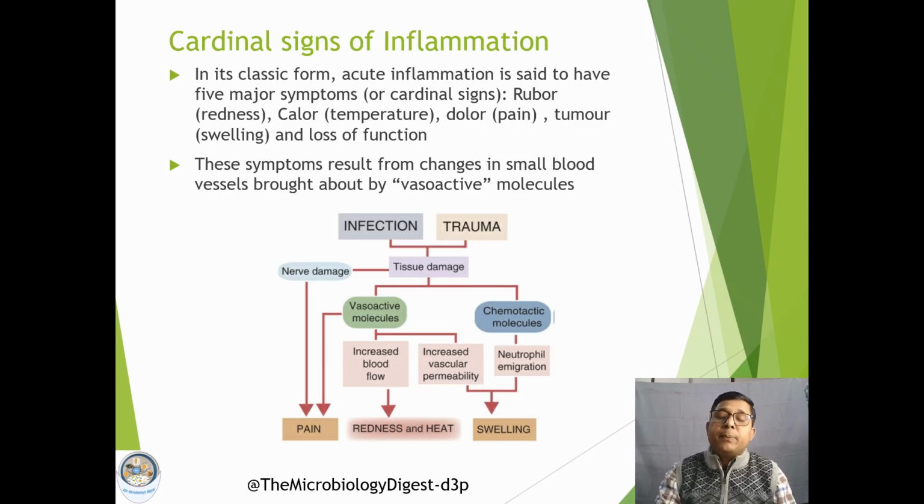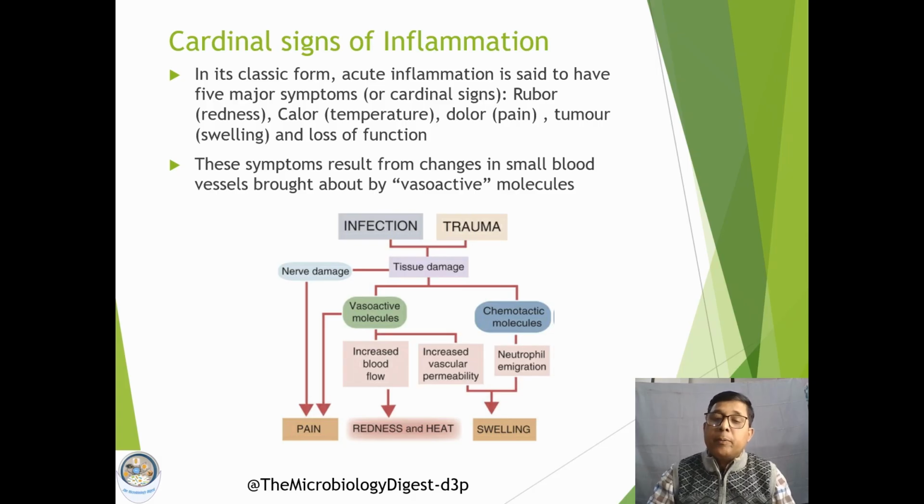Now there are specific signs which we call cardinal signs. Once the inflammation process is initiated, it will show four different cardinal signs. One is called rubor. It is the redness, meaning the site at which inflammation is triggered will become red. Then next is calor, meaning temperature. The site where inflammation is triggered will be hot.